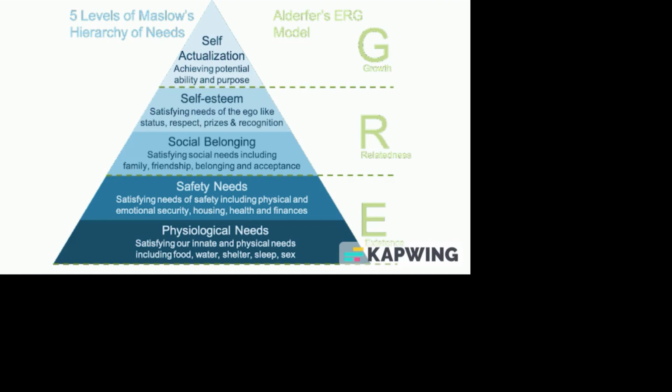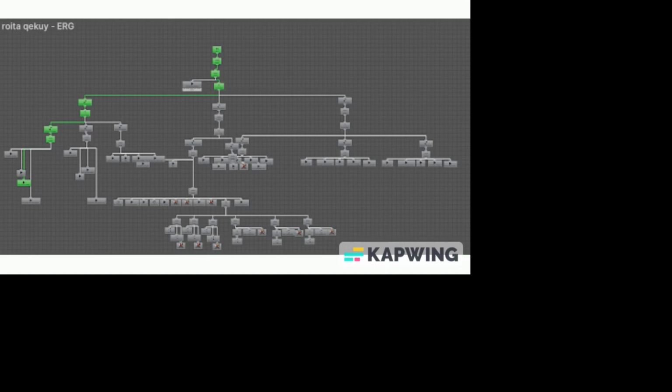The E is for your existence, your basic needs. The R is for relatedness, or your social needs. And G is for growth, your personal growth, developing as a person, pursuing interests, improving on yourself, those kinds of things. In the design of this project, each NPC's behavior is dictated by a behavior tree that relies on utility theory to decide what action to take.